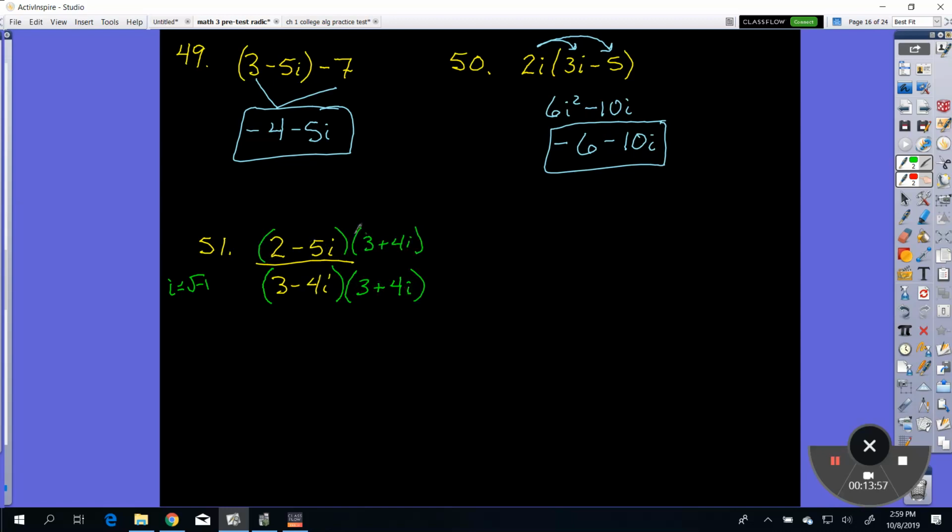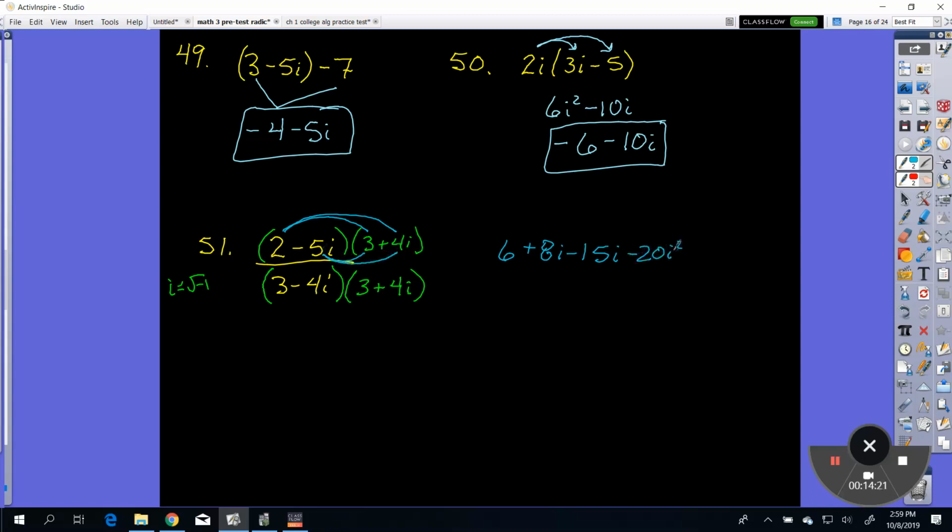So now I have parentheses next to parentheses, which means we need to multiply. So 2 times 3 is 6. 2 times 4i is 8i. Negative 5i times 3 is negative 15i. Negative 5i times 4 is negative 20i squared.